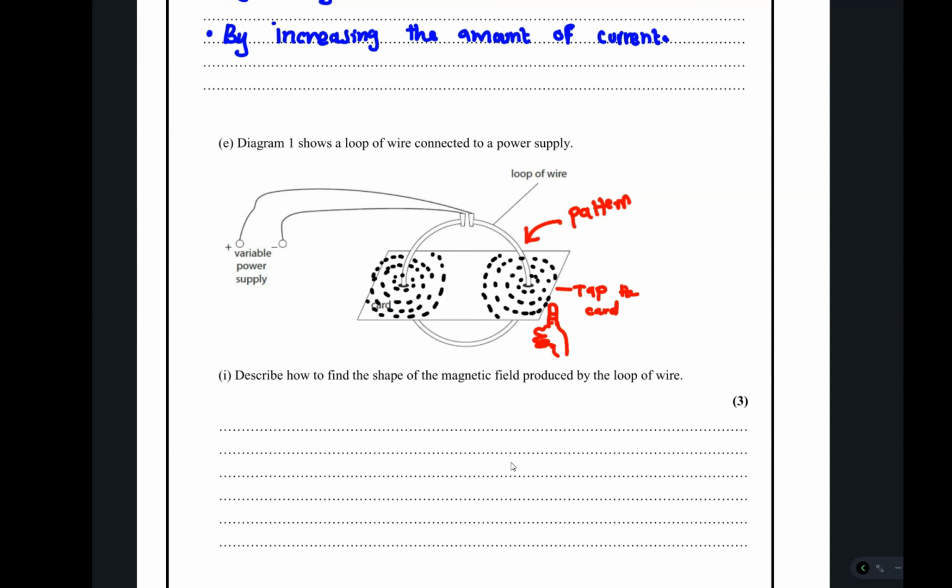Now, the next thing that you ought to do in order to get your final mark, you need also to indicate how do you determine the direction of the magnetic fields. So to determine the direction of the magnetic fields, of course, you are going to use a plotting compass. Now, this is what you are supposed to write: sprinkle iron filings on the cardboard. And next, you need to tap the cardboard gently.